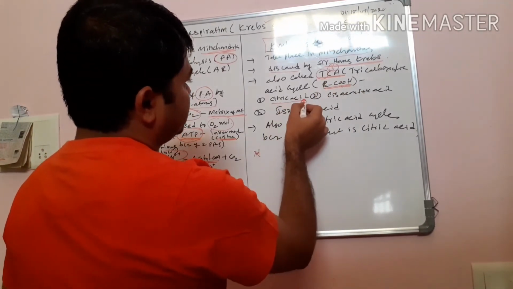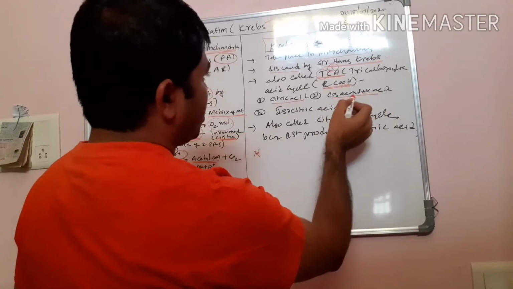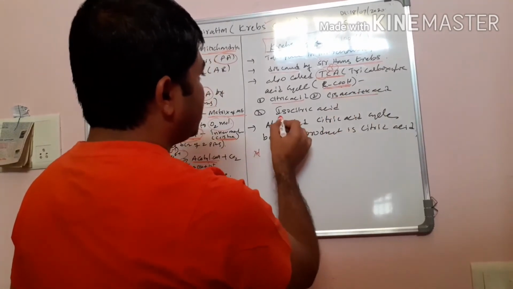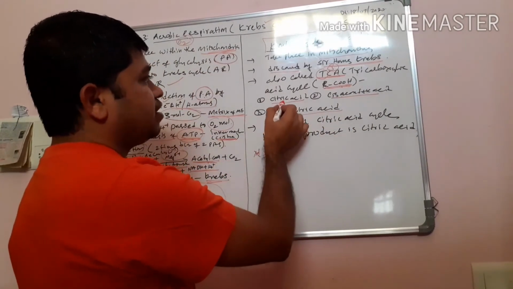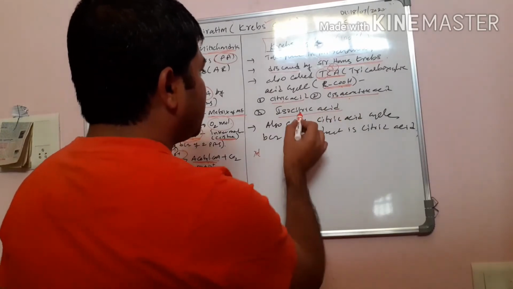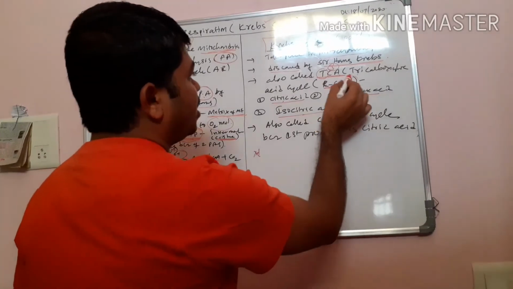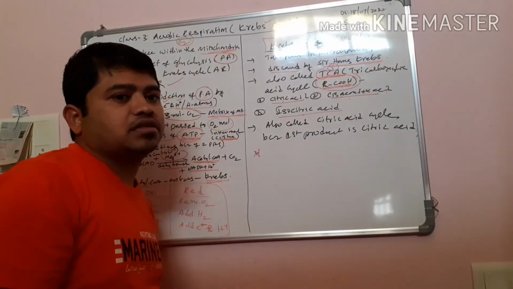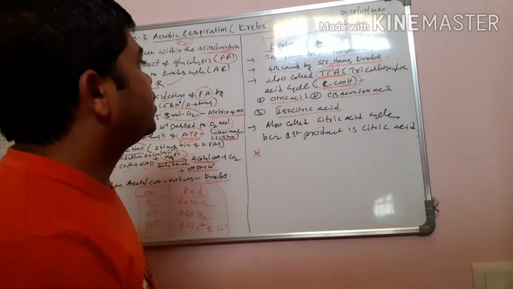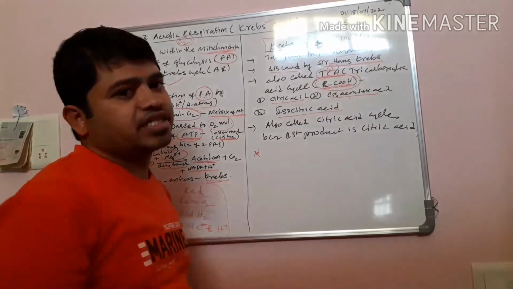In citric acid, cis-aconitic acid, isocitric acid. In these 3 organic compounds we will find RCOOH, that is the carboxylic acid group. That is why it is also called TCA cycle.